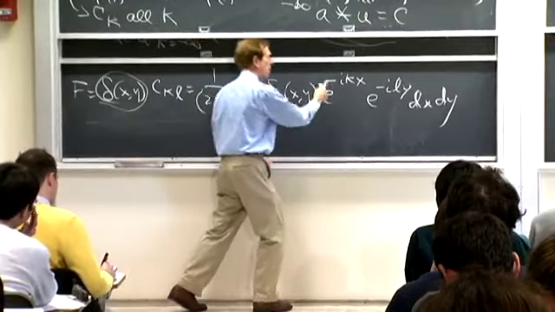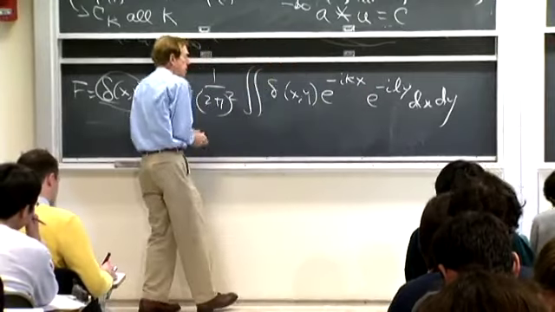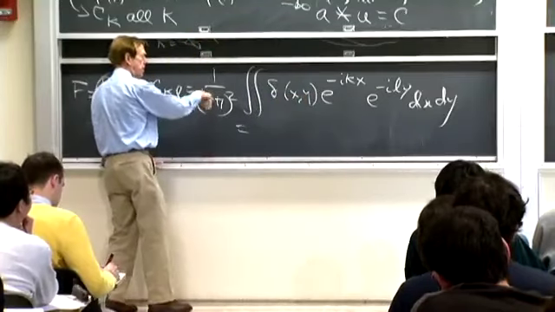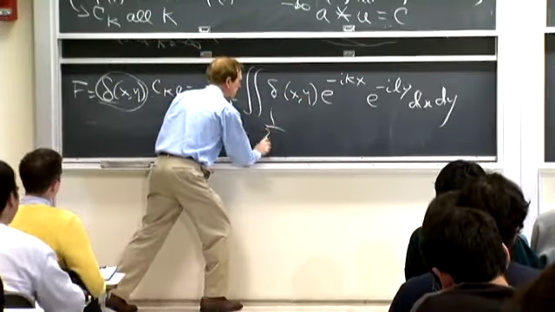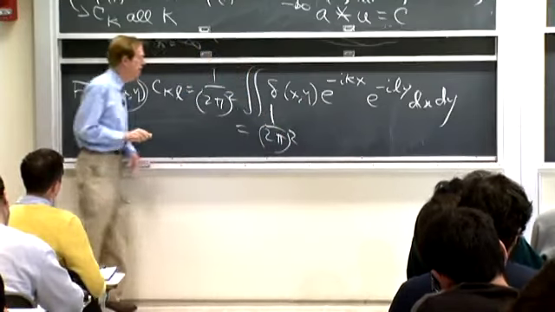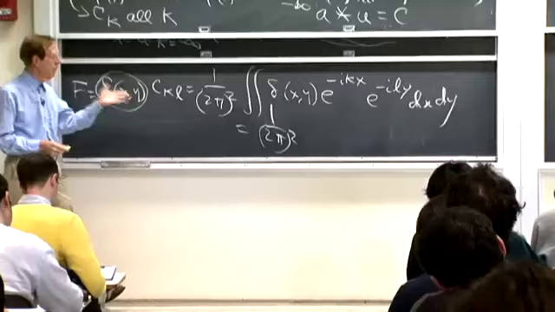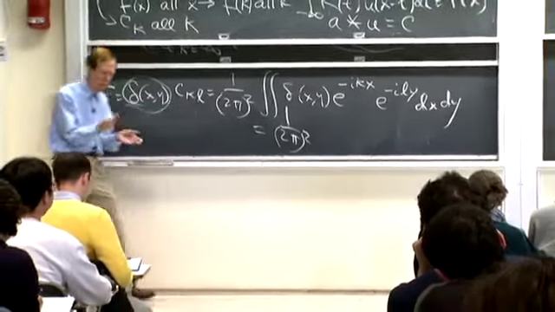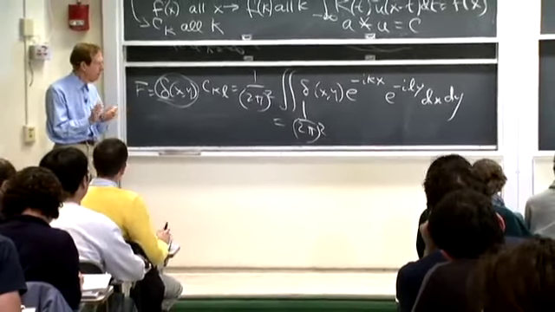What answer do I get? I get 1 out of the integral, and then I just have this constant. So it's constant again, and it's just 1. The Fourier coefficients of the delta function are constant. All frequencies, they're the same.